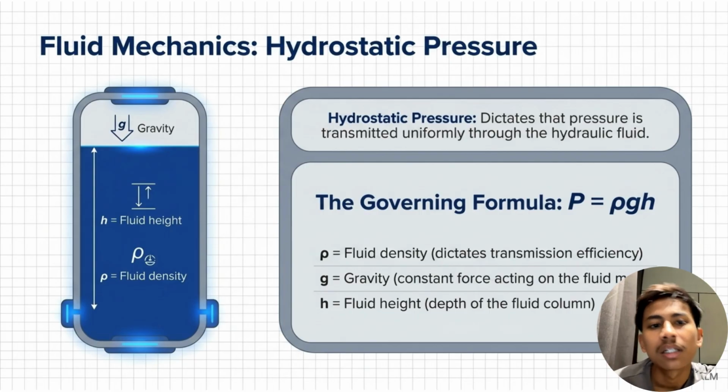The governing equation for hydrostatic pressure is P equals rho g h, where rho is the fluid density, g is the acceleration due to gravity, and h is the height or depth of the fluid.